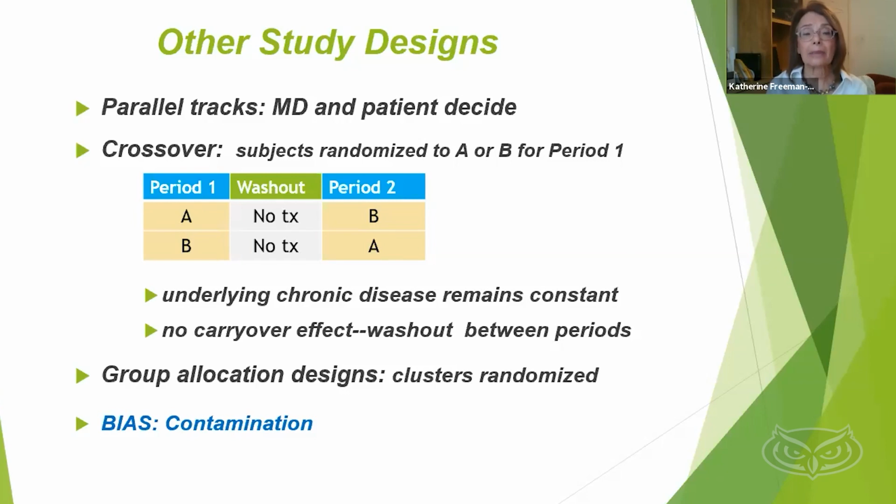And that concept is called contamination. And we're seeing that that certainly could be a possibility with this trial involving the peer support specialists, and we're doing our best to try to avoid contamination.